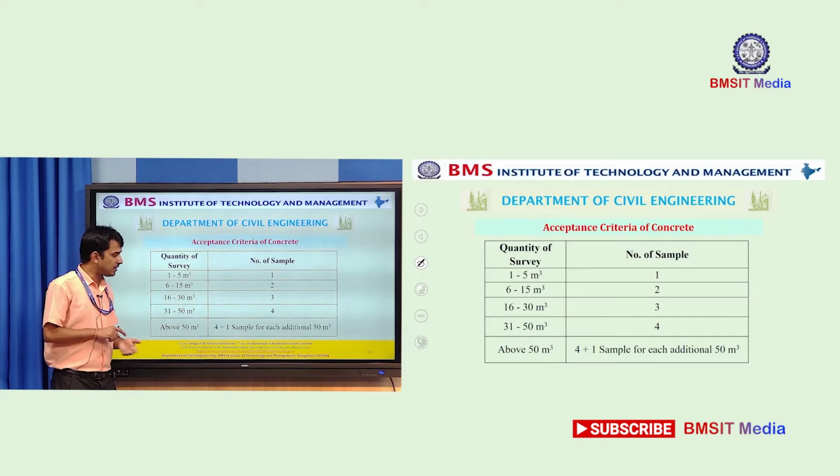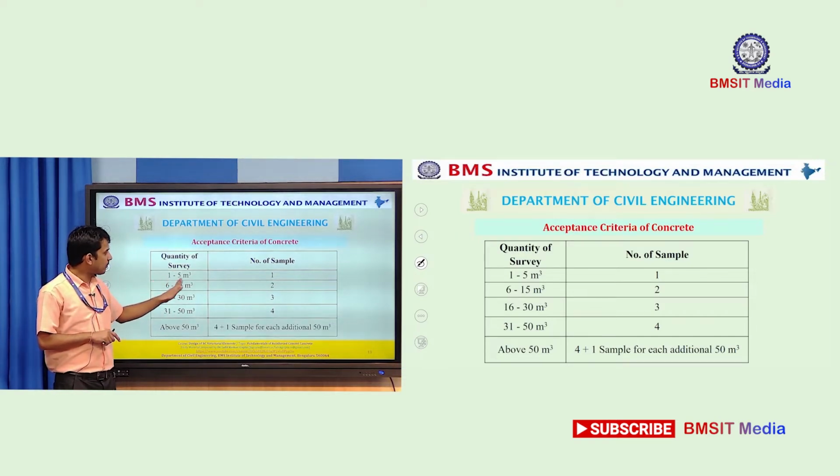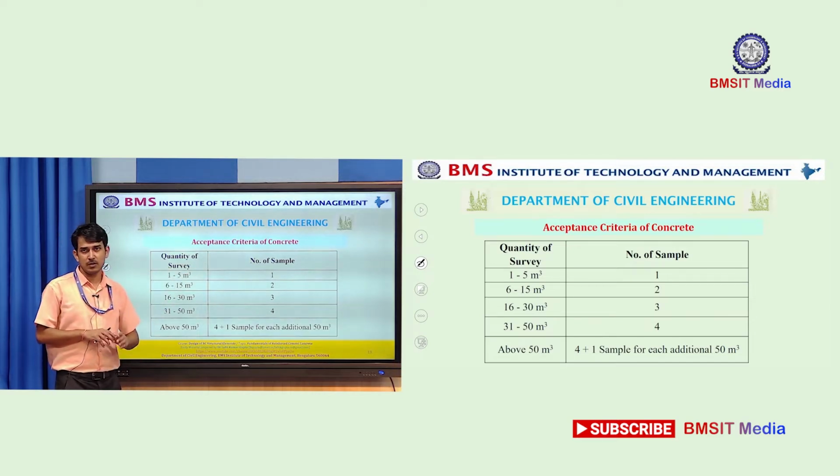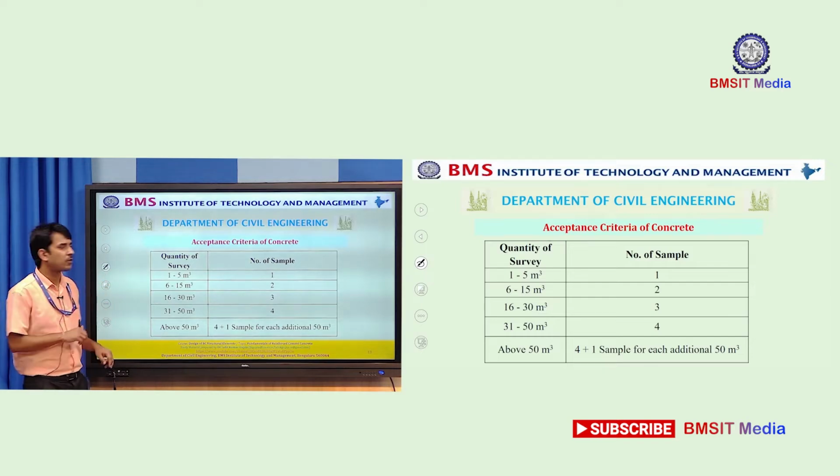So this is the table in which they have defined that if the quantity of concrete we are producing is between 1 to 5 cubic meters, the number of samples should be 1. Similarly, this table defines the quantity of concrete and the number of samples you have to take.